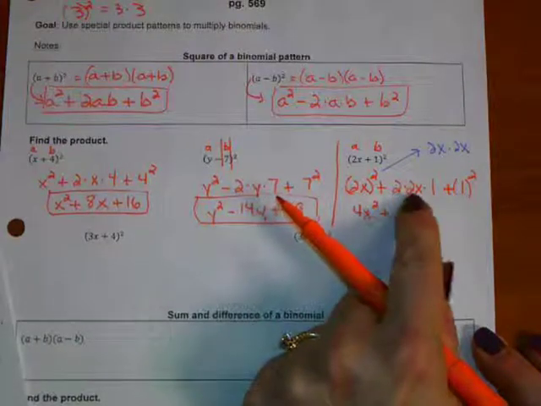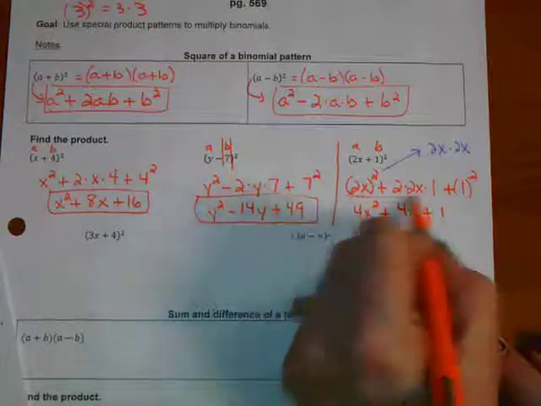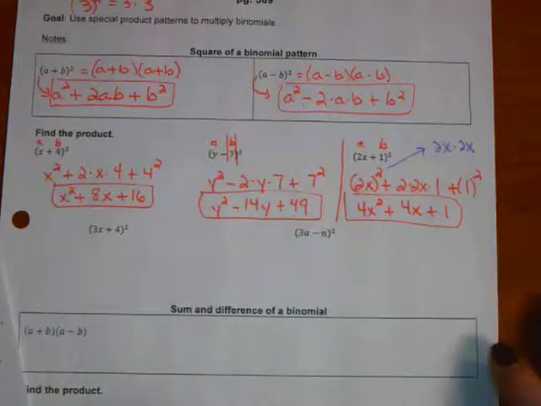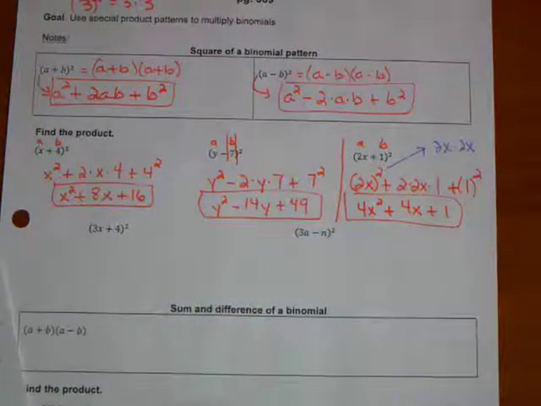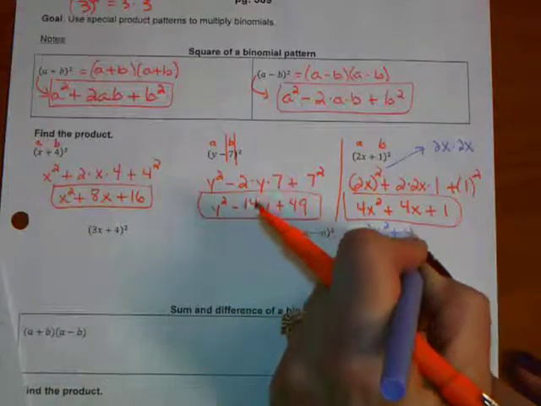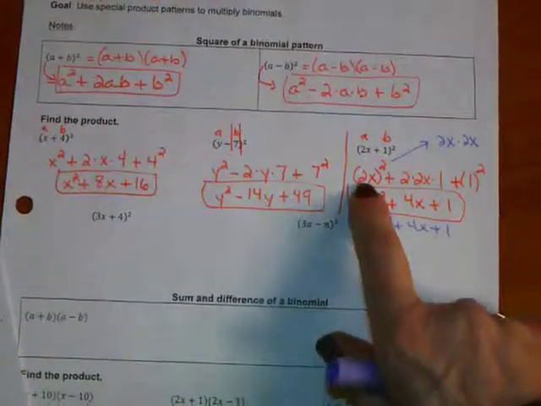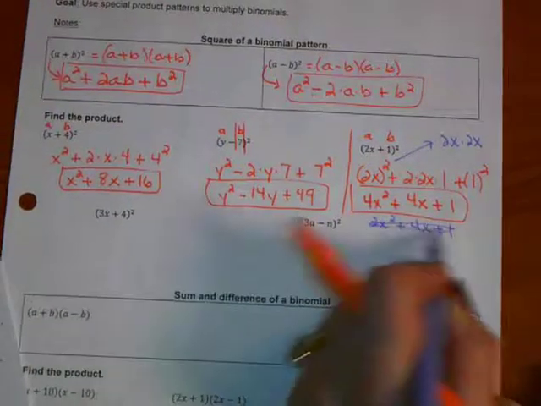Plus 2 times 1, which is 4x, plus 1. And that's your answer. Common mistake. Very common mistake. Please don't write this down. People would write this as their answer. And that is not correct because you have to square 2x. And that's not squaring 2x.